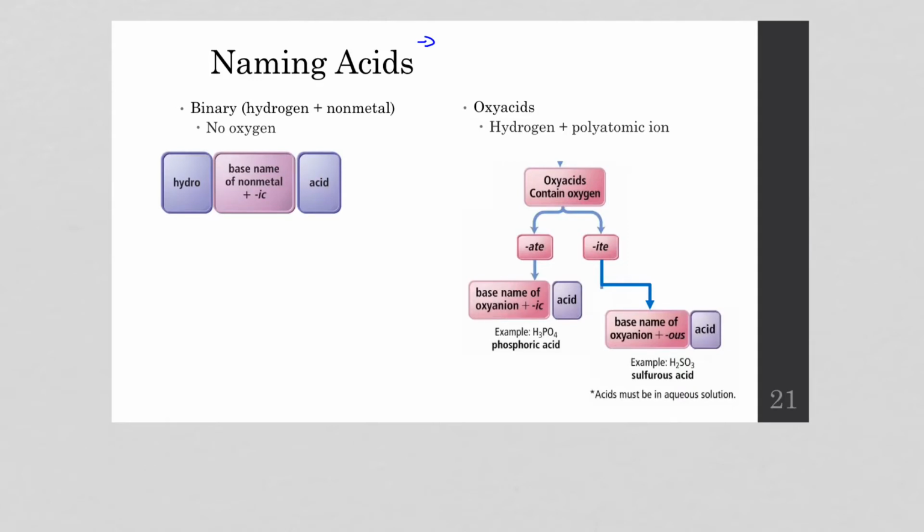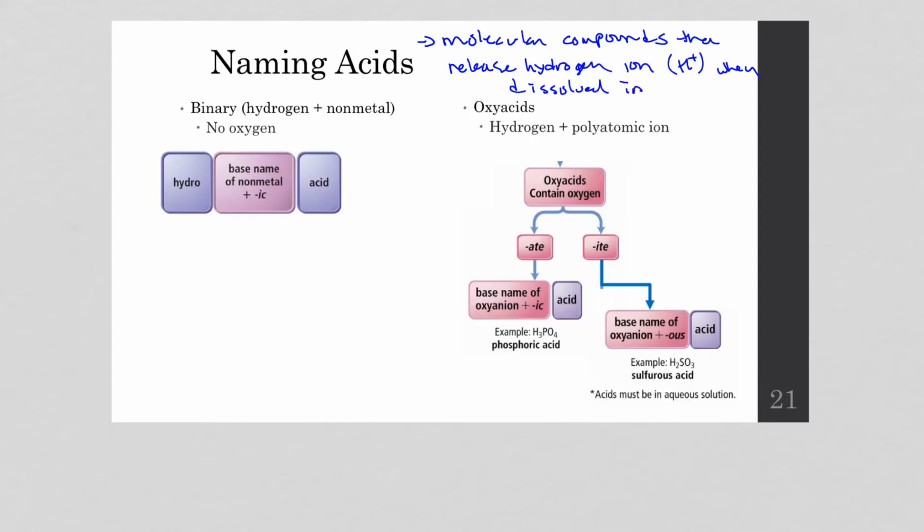So acids are molecular compounds that release hydrogen ions, which we're going to abbreviate as H+, when dissolved in water.